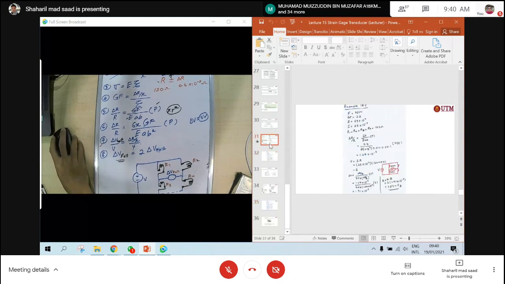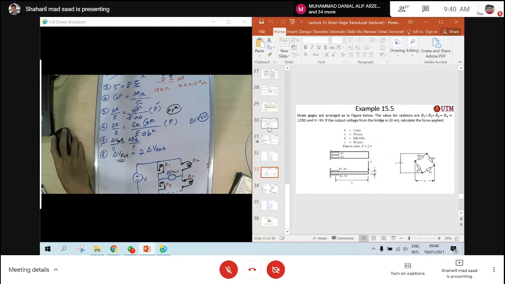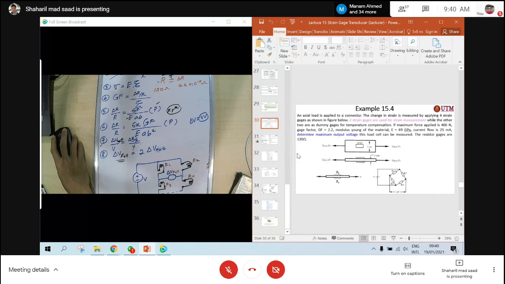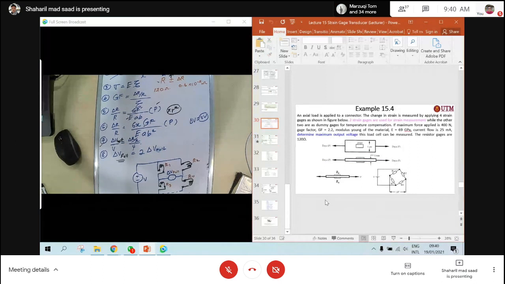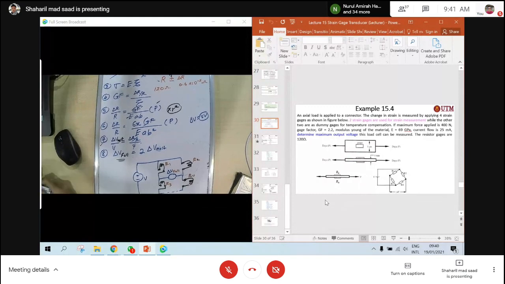So the last example, let's look. An axial load is applied to a connector. The change in strain is measured by applying 4 strain gauges as shown in the figure below. 2 strain gauges are used for strain measurement. That means 2 active strain gauges, so you have utilized all the bridge.